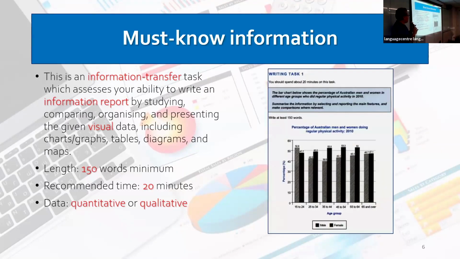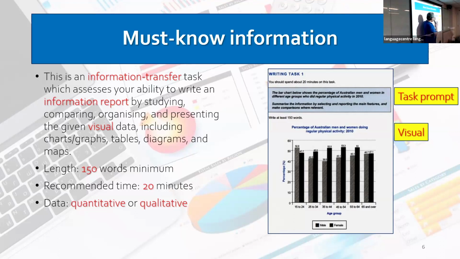But here is a sample question that you may see in the IELTS writing exam. Usually there is an instruction at the top, and then there is a visual at the bottom of the page. Let me call this part the task prompt. By task prompt, I mean some instructions. They will tell you what the diagram is and what you need to do in your information report.